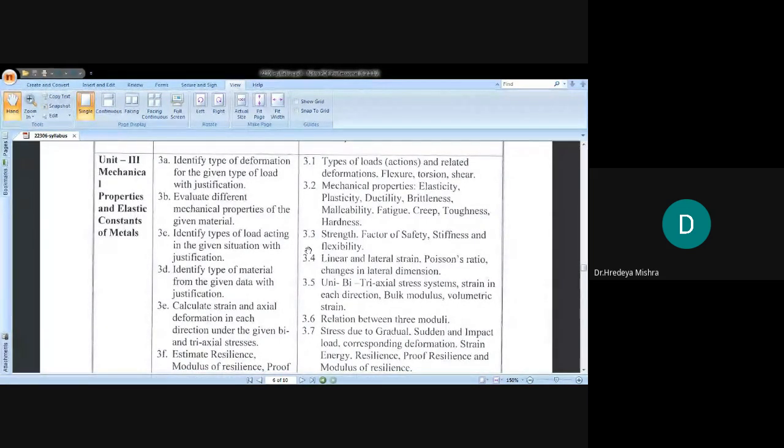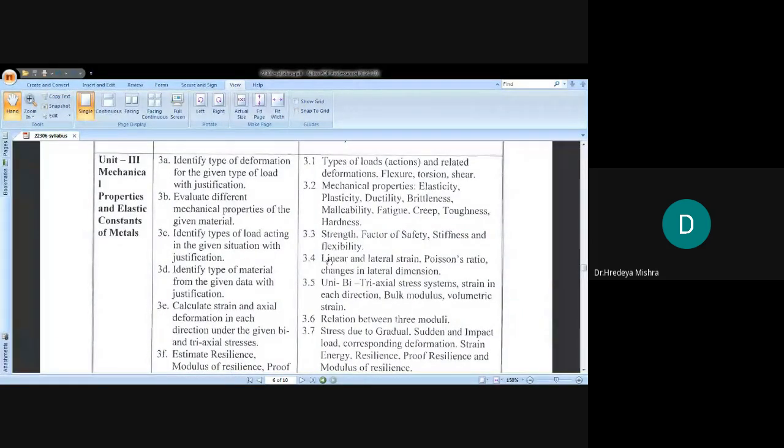When we apply the load, whatever the load carrying capacity is, we can say that the load carrying capacity is the toughness. And hardness, you know, is the resistance against scratching. Like on glass, if you want to scratch, it does not happen very easily, because there is a tough material.